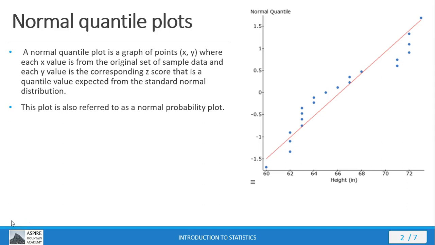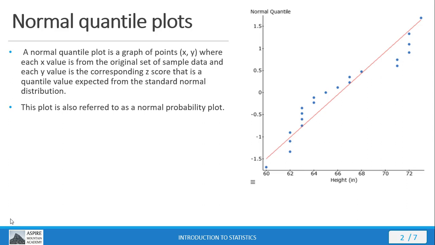The closer the points are to the straight line that you see here in red, the more the points adhere to the straight line, the more normal our data set is. That's normal with a capital N. It more conforms to a normal distribution.